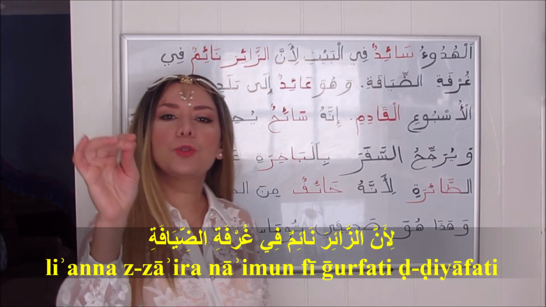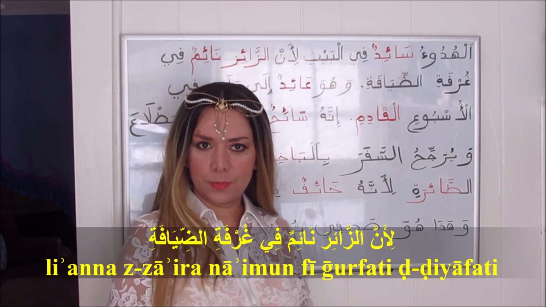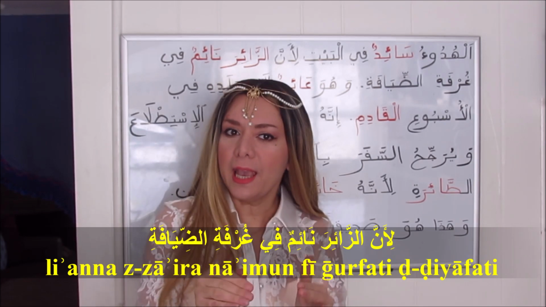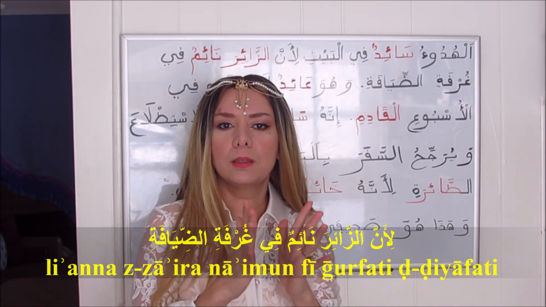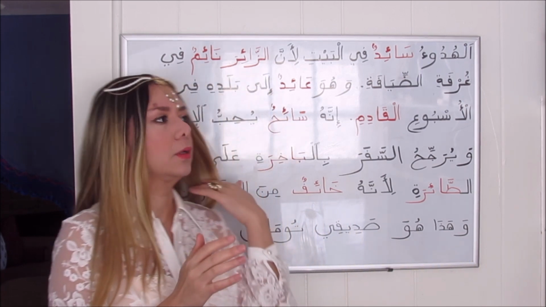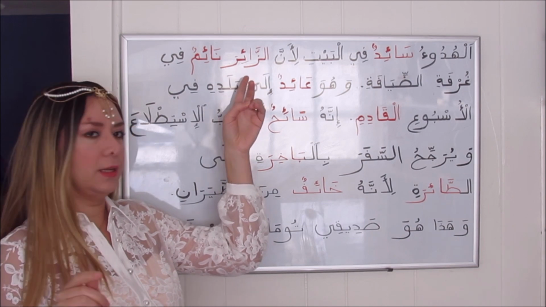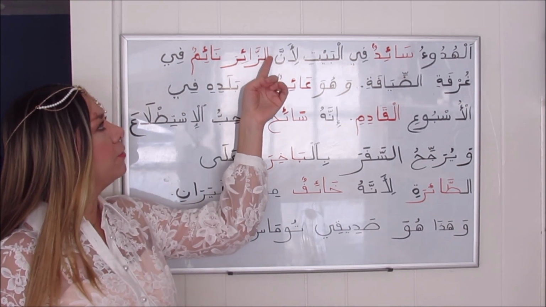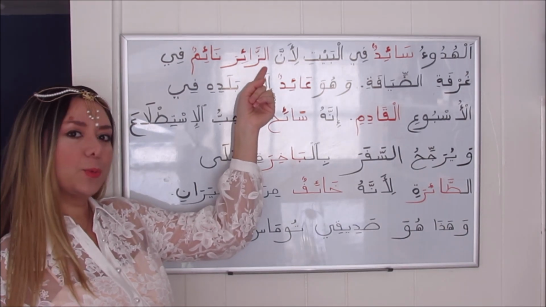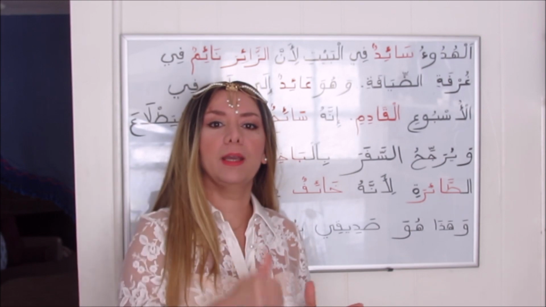Here we have two consecutive active participles. So in such a case, you have to be careful with the translation. If both of them are definite, meaning wearing this definite article ال that we have here, the second one will be its modifying adjective.